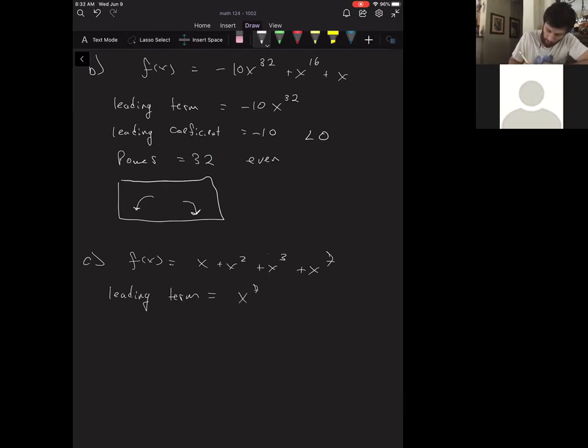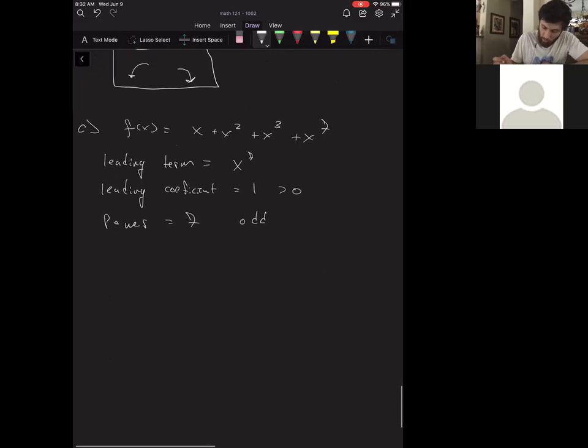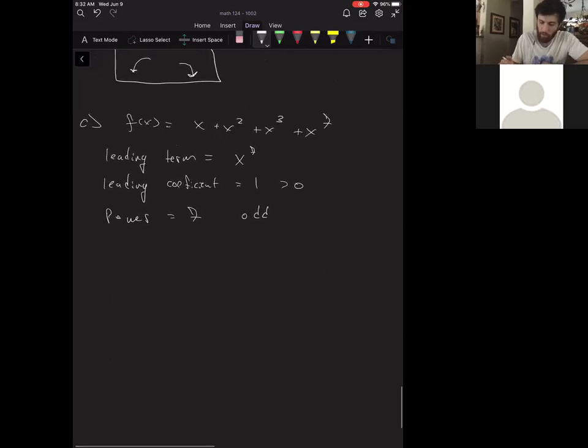Our leading coefficient, the number in front of it, is just 1, which is positive, and our power is 7, which is odd. So going back up to the table, a positive leading coefficient and an odd power goes down on the left and up on the right.